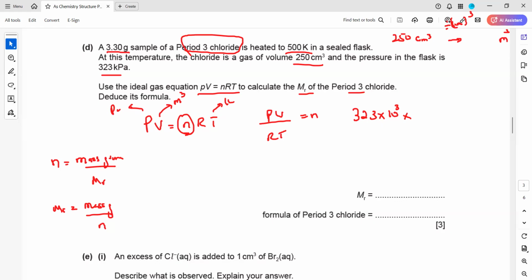So we can say 250 divided by 100 cube, or 250 into 10 power negative 6, because 100 cube will be there. We divide by the general gas constant, which is 8.31, times the temperature. Temperature should be in Kelvin. It's already in Kelvin, so we don't have to convert the unit.